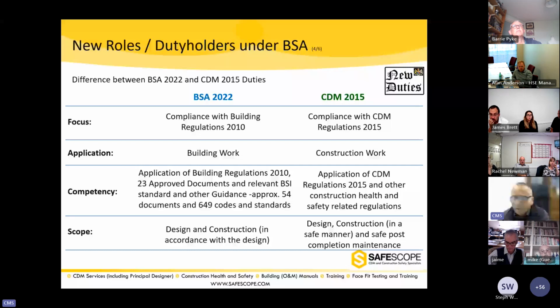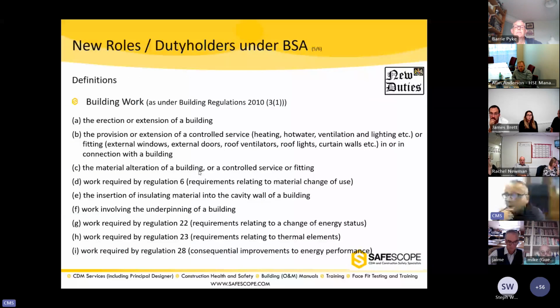Now let's go through the definitions. What's the definition of a building work? Under building regulations, it talks about the building. So we're only concerned about the erection and extension of a building, the provision and extension of a controlled service, as we know it, heating, hot water, ventilation, lighting, etc., or fitting of external windows, external doors, roof ventilations, roof lights, etc., in connection with the building.